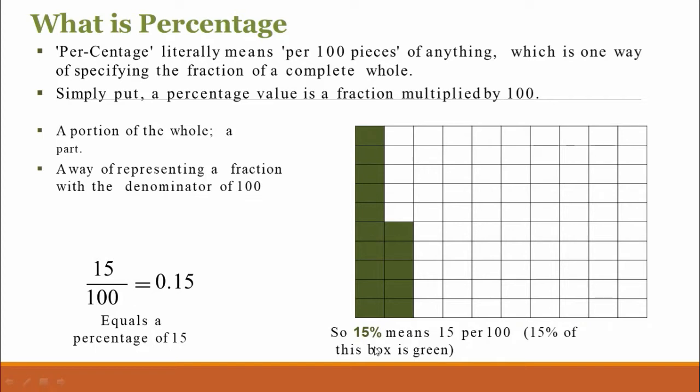So 15% means 15 per 100, 15 parts out of 100. 15% of this box is green: 1 2 3 4 5 6 7 8 9 10 11 12 13 14 15. So there are a total of 100 square boxes in this shape, and 15% of the boxes are green.